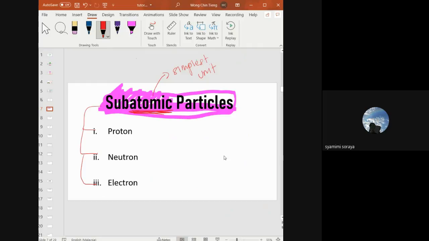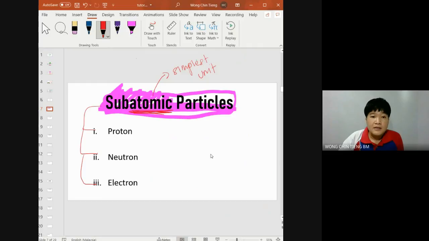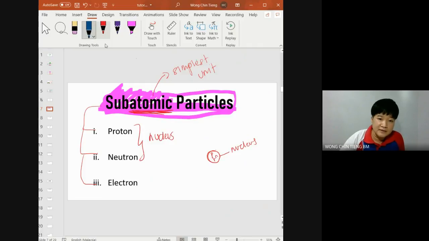No, miss. Okay. Alright. Subatomic particles yang kamu selalu lukis dalam form 4, form 5. That is your nucleus. Alright. Your nucleus, dalam nucleus ada proton, neutron. So your nucleus having these two. And then what happened is you have your petala.